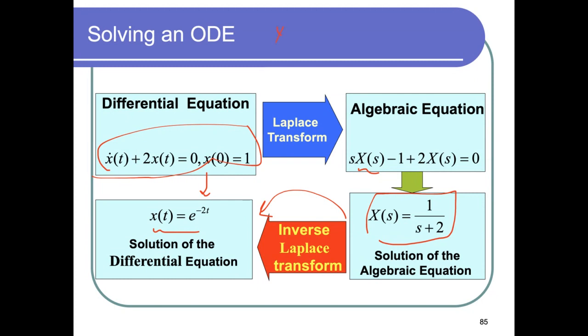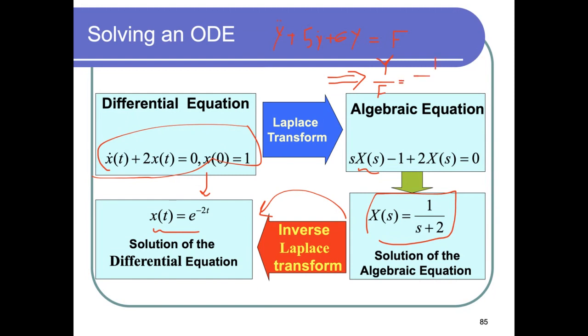The other possibility is, suppose I have y double dot plus 5y dot plus 6y equal to the input force or applied force on the right, remember mechanical systems. Now with the Laplace transform, I can get the output-input relationship, Y(s) over F(s), which is the transfer function.